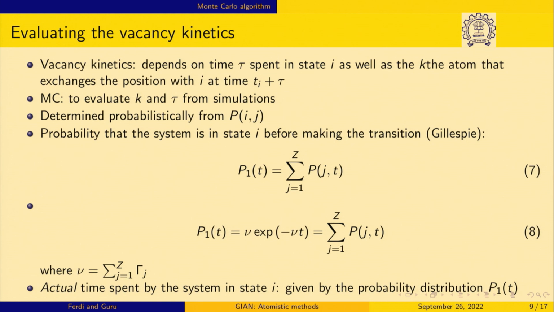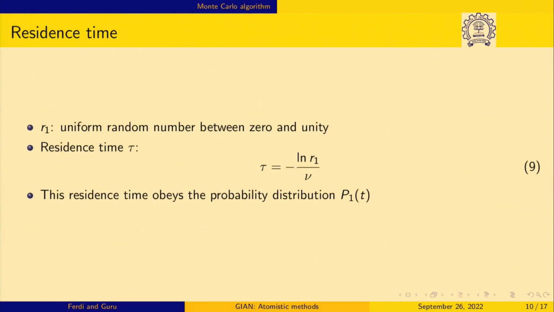It is going to wait here, and after that it is going to make one particular jump. To calculate the time that it is going to wait, which is known as the residence time, you can choose a tau which is minus logarithm of R1 divided by nu, where R1 is a random number that you generate between 0 and 1. Why?